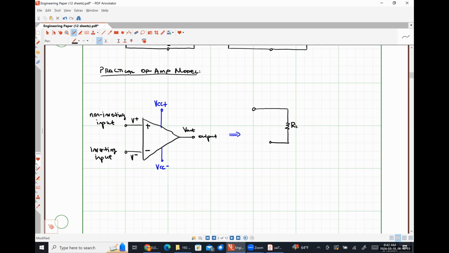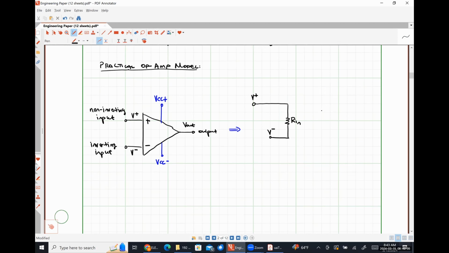So here's my input resistance. This terminal will be our non-inverting input terminal. This terminal will be our inverting input terminal. And then over here on the right, I'm going to have the output side that we talked about a moment ago, where I have my open loop gain.